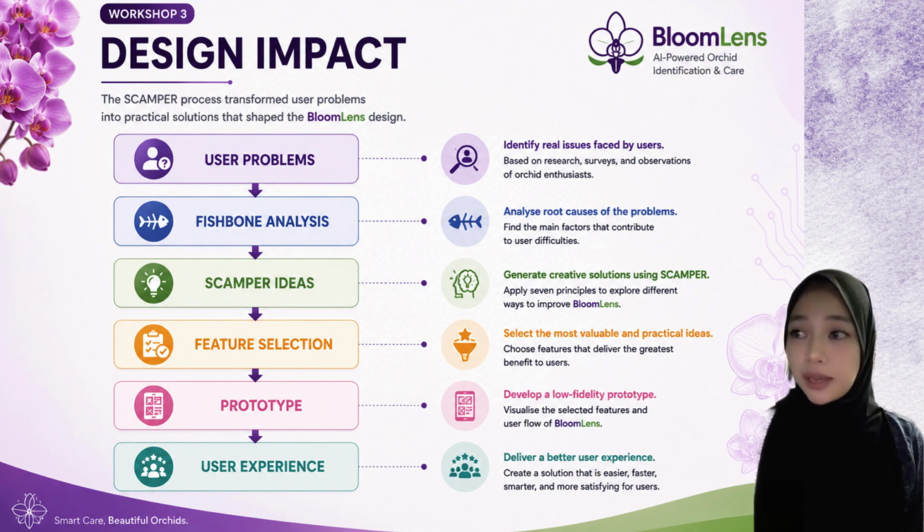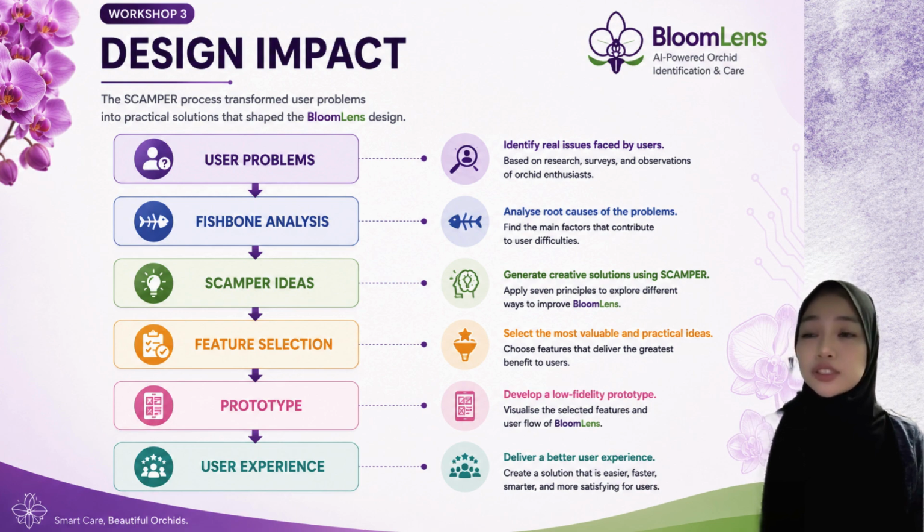For the impact, the Scamper technique was used to generate new features to address the issues raised in workshop 2. The brainstorming session did not focus on incremental changes to the current state of orchid management. Instead, it generated ideas for a complete rethinking of the existing approach to orchid management.